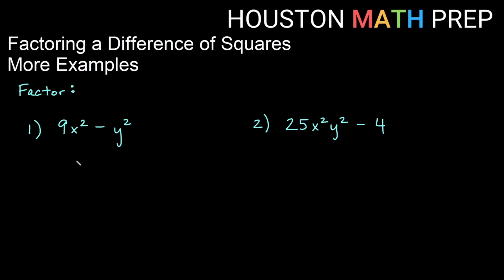A couple of them may be a little tricky, but here we're factoring 9x squared minus y squared. Remember, difference of squares, the idea is this term is a perfect square, and so is the second one. We have two terms and you have subtract in the middle, difference of squares. So this first one, we see 9x squared hopefully as 3x times itself. We see y squared as y times itself with minus in between.